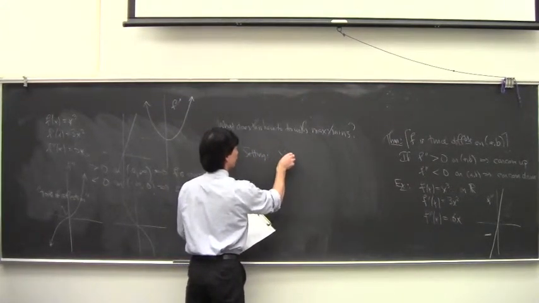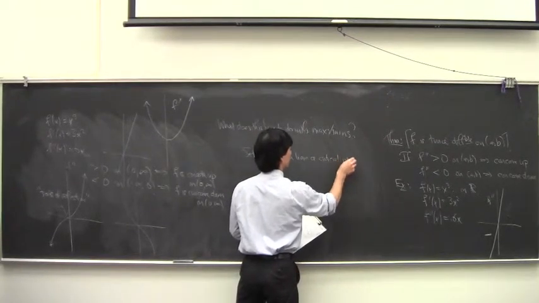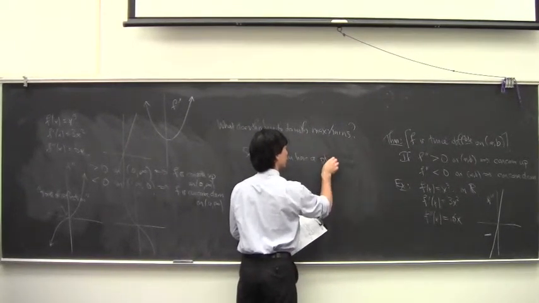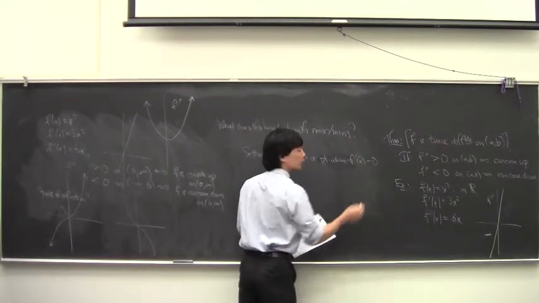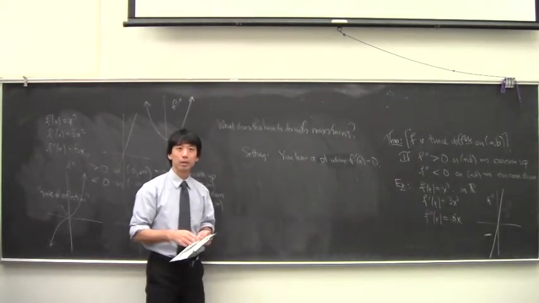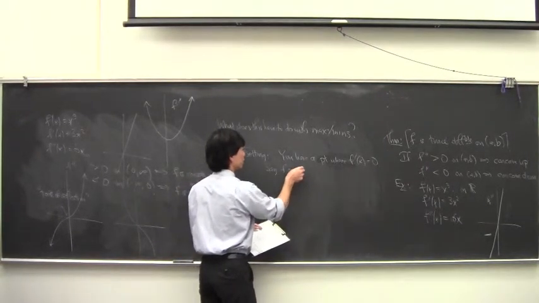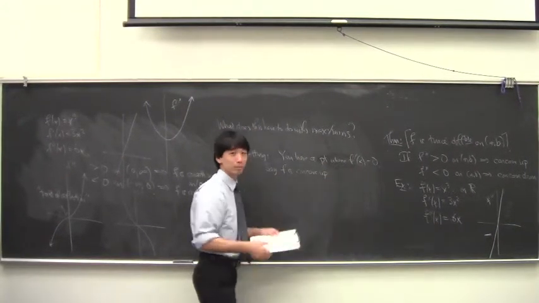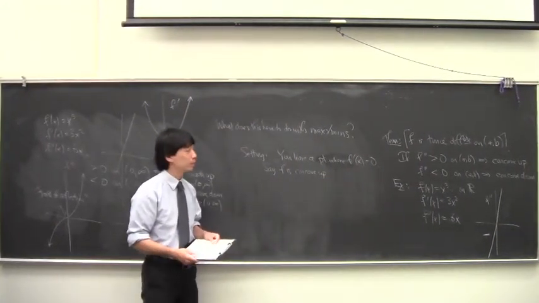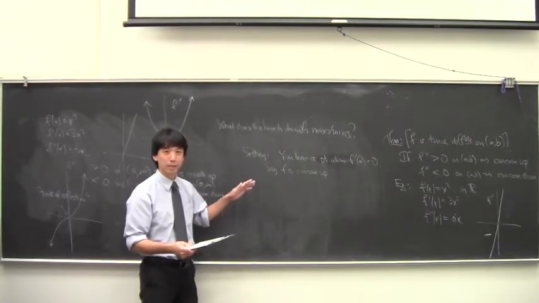You have a critical point, or rather a point where, say, f prime is 0. Say f is concave up everywhere, so the derivative is increasing.